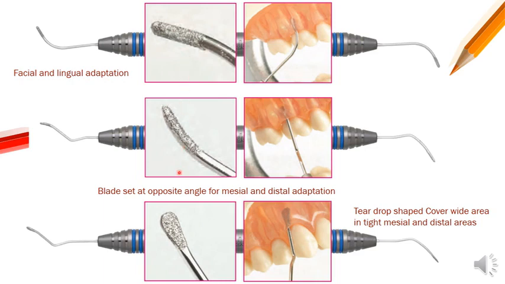Another type here, where the blade is set at an opposite angle, fits the mesial and distal. And this type, which is called teardrop-shaped, covers a wide area in the tight mesial and distal areas.